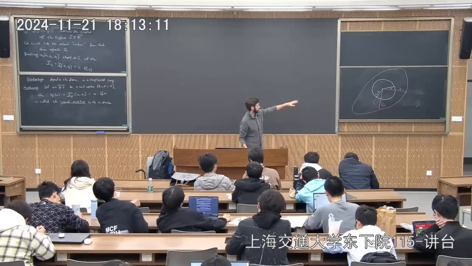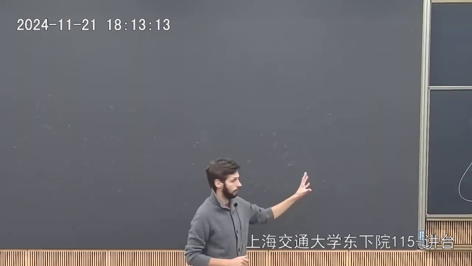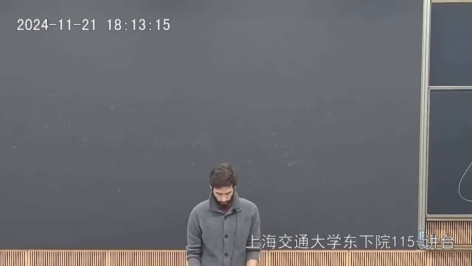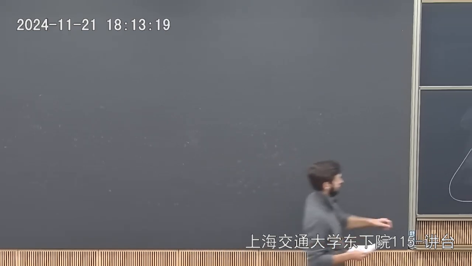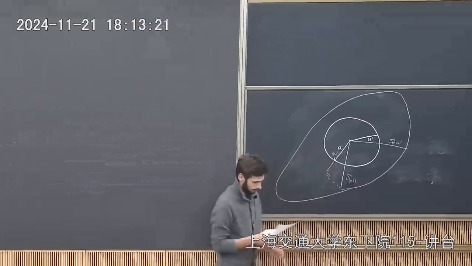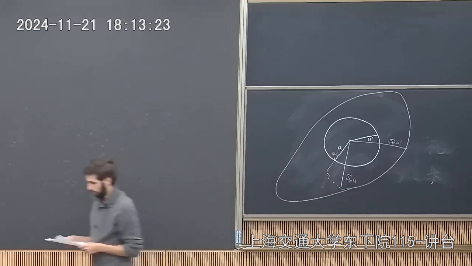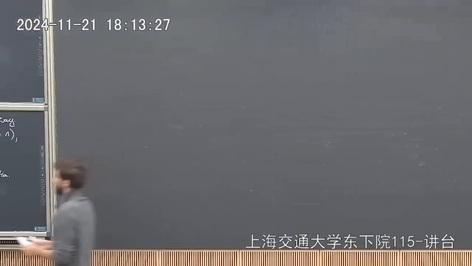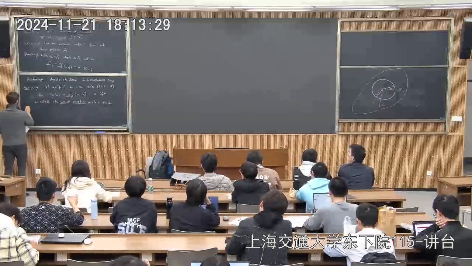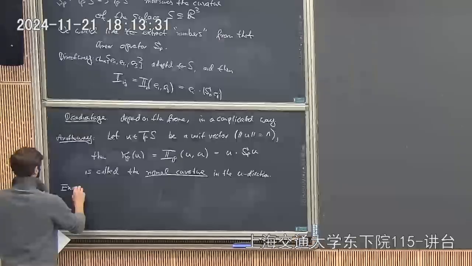So that's a geometric way to visualize what's happening with this S_P operator, and to give you some geometric idea of the kappa.